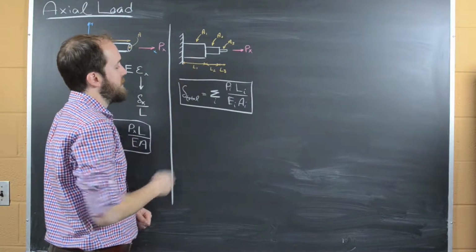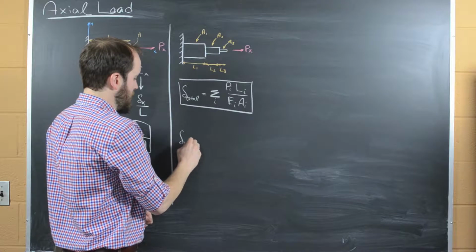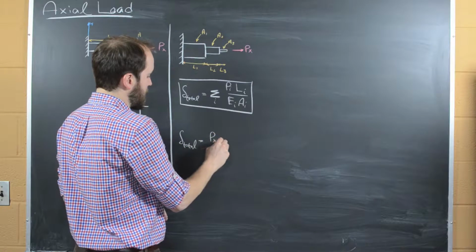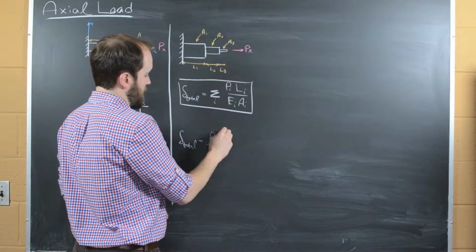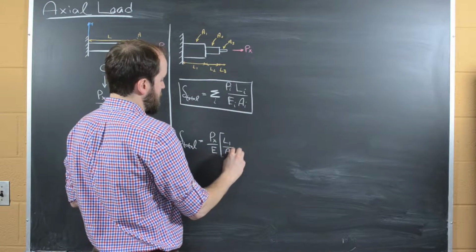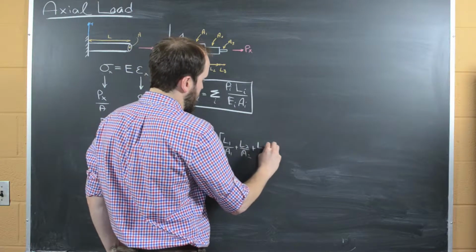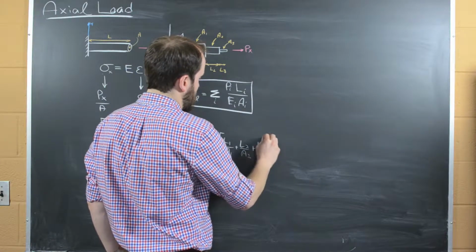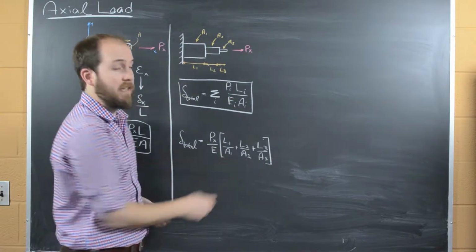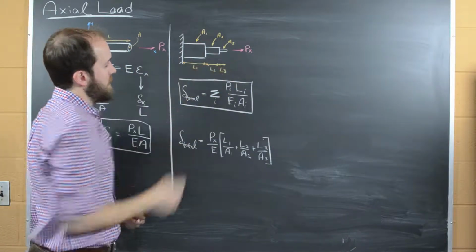If we assume the modulus is the same, they're all feeling the same force, then this would look like delta total is going to be equal to P sub x over E times L1 over A1 plus L2 over A2 plus L3 over A3. And so we're adding up each of the tiny displacements of each one of these to get the total displacement of the entire structure that's under this load here.